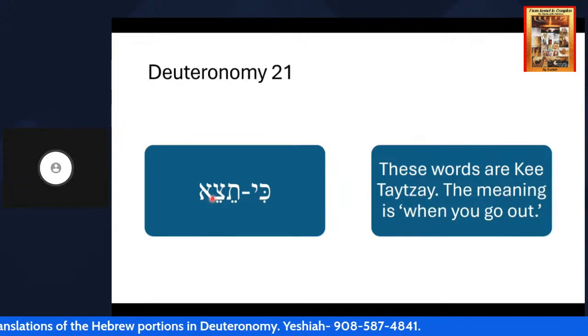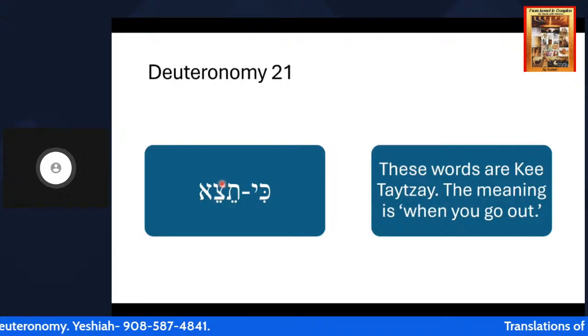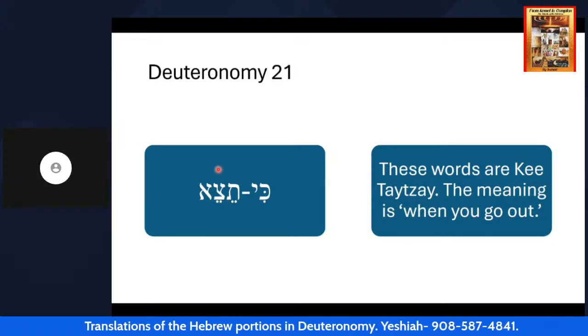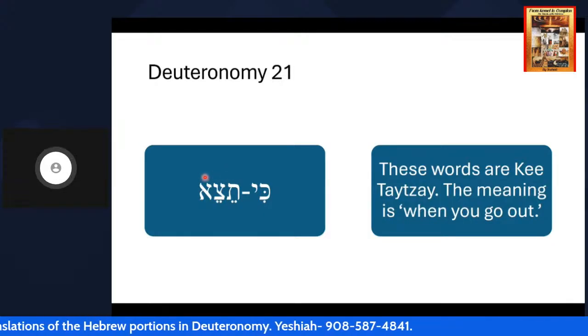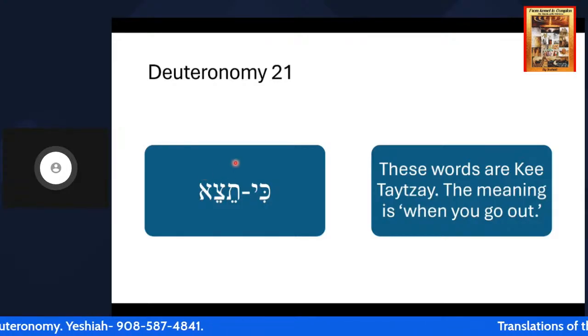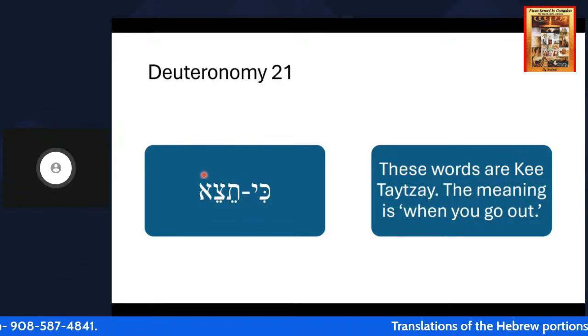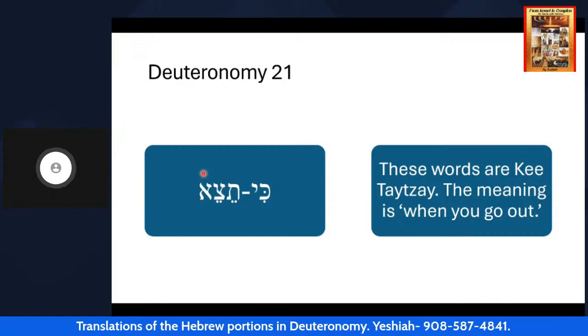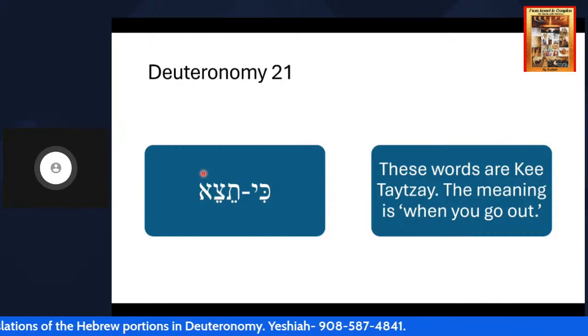Now that tav that you see there by the laser pointer, brothers and sisters, serves as a prefix, all right, in that particular case. This word here, tetze, beginning in root with the letter yod, will be spelt as yod, zadeh, and aleph, which serves in this particular case, brothers and sisters, as we may say a double irregular word.